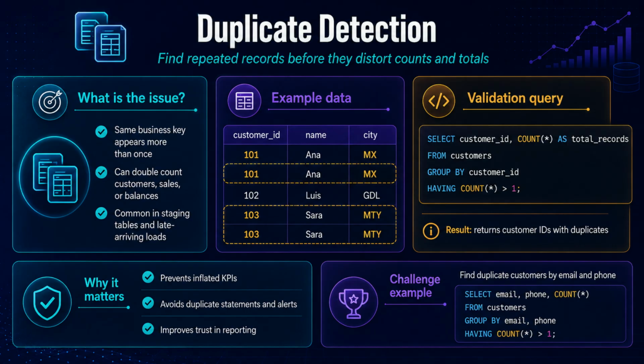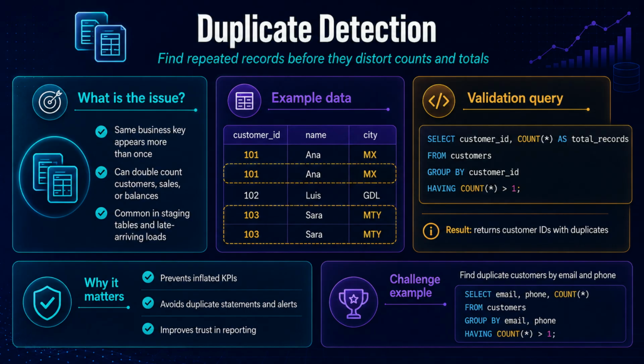The key idea is simple. GROUP BY organizes records by business key, and HAVING filters the groups that appear more than once. This query returns only the customer IDs that have duplicates, making it easy to investigate and clean the data. A common interview challenge is to detect duplicates using more than one column. For example, maybe the customer ID is not reliable, but the combination of email and phone should be unique.